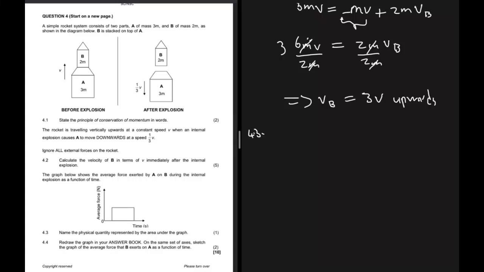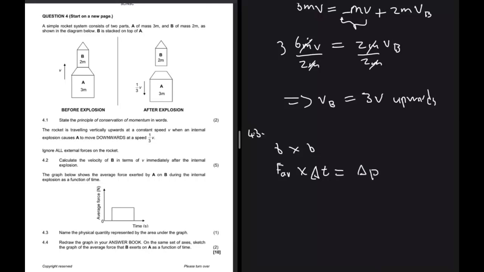So to calculate the area under the graph, you have to multiply the length by the breadth, right? Assuming that the length is going up, then it means you're going to have force, the average force, multiplied by the time, right? But the time doesn't start at 0, so it's basically delta t, because you have some initial time and some final time. And which quantity is given by F average multiplied by delta t?